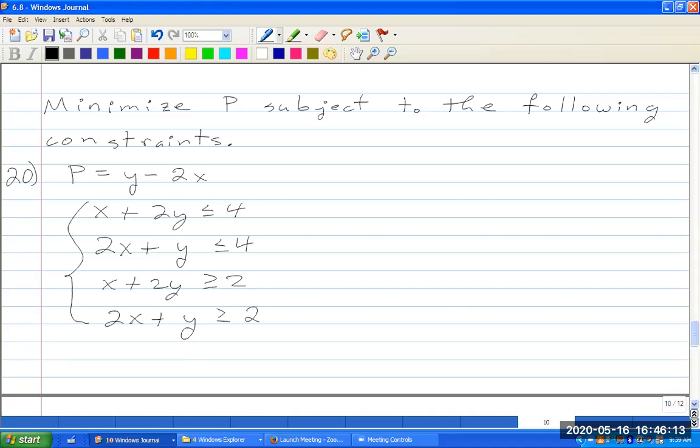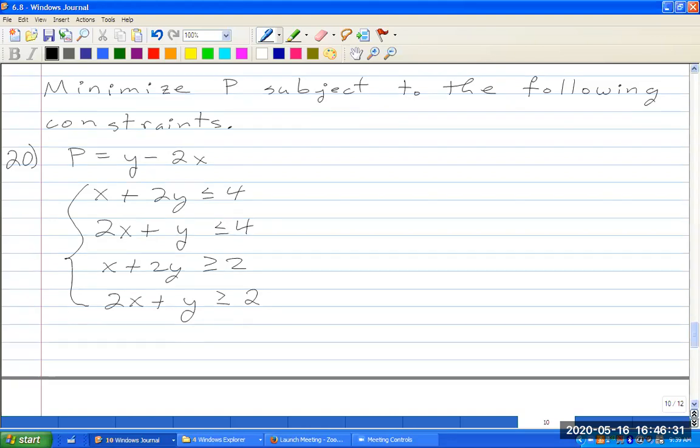You would just traverse from one vertex to the next, going in the direction where it optimizes your objective function. Okay, but we're not going to do that in this course.